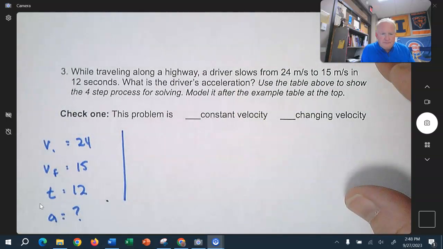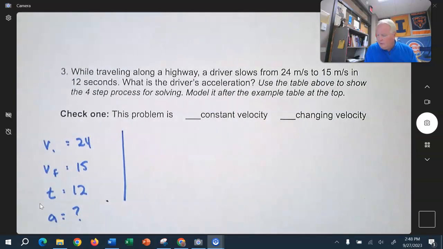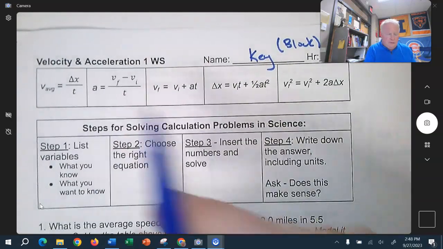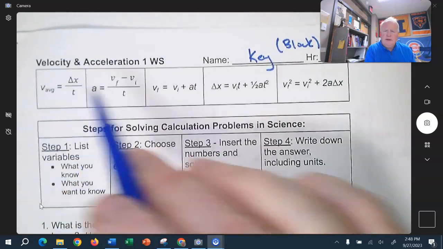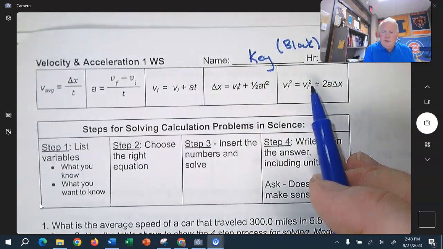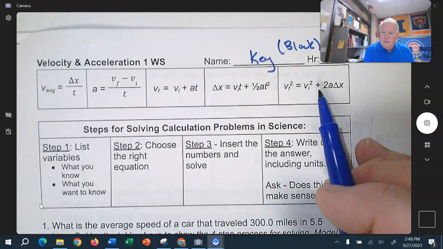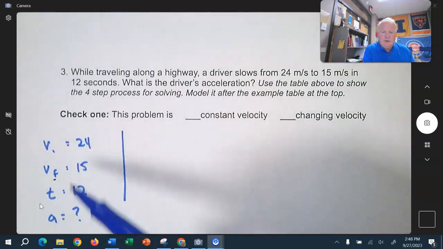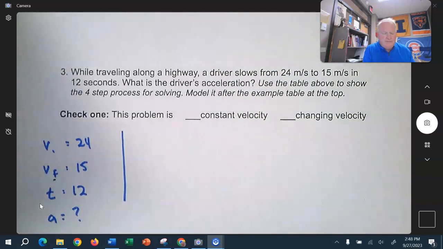What does this mean? Well, number one, I can't choose the first equation in our grouping because that equation only has 3, so I can't choose this one. And I can't choose either of these two because these two both have distance in them, and I don't have distance. They're not asking me to find distance. They're not telling me a distance.